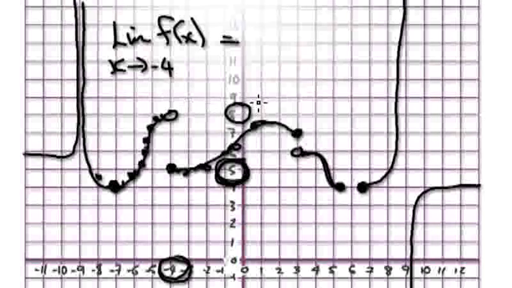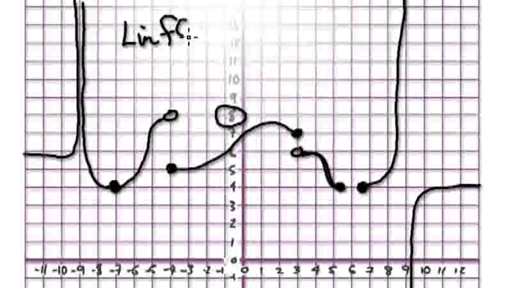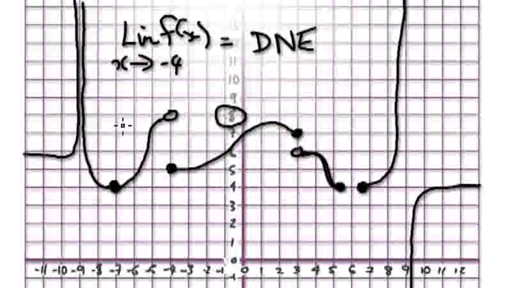In order for the limit to exist, they both have to head towards the same point. Here you've got 8 and 5, so the limit does not exist. You have to say the limit of f of x as x tends to negative 4 does not exist.